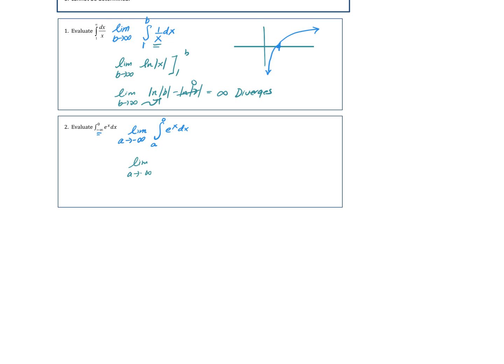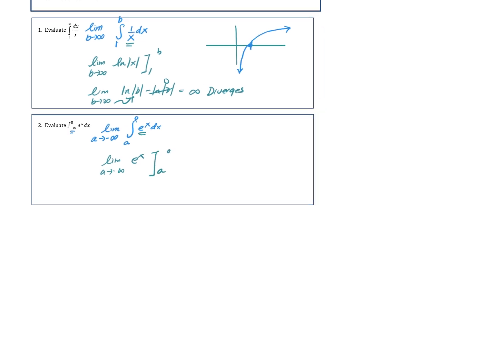You keep writing the limit until you plug in. We integrate e to the x, we get e to the x. Write my bounds. I plug in my bounds, so limit as a goes to negative infinity, plug in the 0, e to the 0 minus e to the a. This goes to 1, I plug this in.